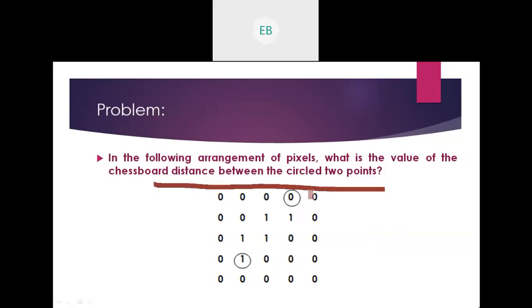In a viva, you can directly say the answer is 3. But for exam purposes, you have to remember the formulas. I know you have understood the concept, but for the exam you have to remember the formulas as well. So this is about the distance measures. We have three types of distance measures: one is Euclidean, one is city block, and the last one is chessboard distance.